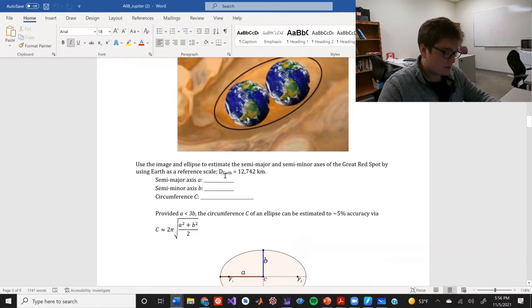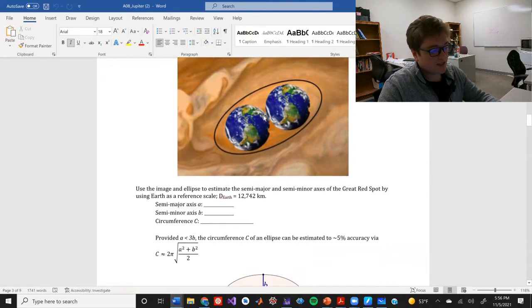Okay, so the semi-major axis A, we can look here. It's the distance from here to here, for example. And that's a little bit more than one Earth diameter. Obviously, this whole length right here is an Earth diameter. It's a little bit more than that, but it's not quite 1.5 times the Earth's diameter. So a good approximation would just say 1.25.